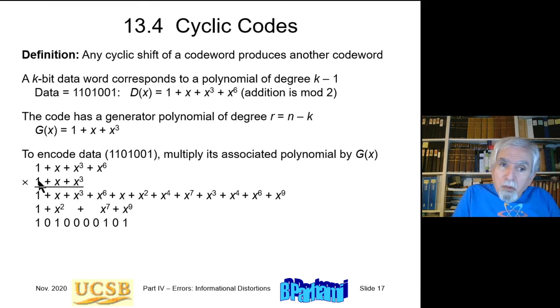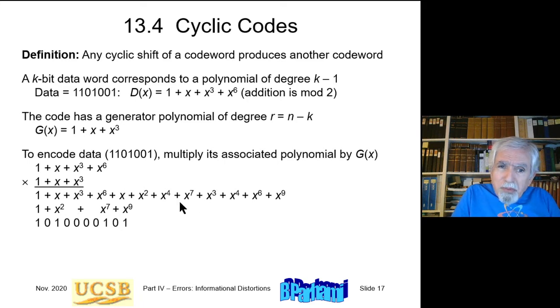We multiply. 1 times 1 is 1. 1 times x is x. 1 times x cubed is x cubed. 1 times x to the 6 is x to the 6. Then we go to x. x times 1 is x. x times x is x squared. x times x cubed is x to the fourth, and so on. And then we simplify. Basically, this x cancels this x.